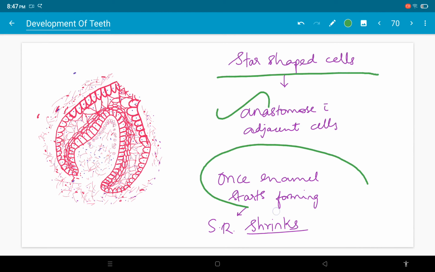Once enamel starts forming, the stellate reticulum shrinks. Its function, the cushioning effect to protect the enamel organ and dental papilla, will reduce, so it starts shrinking.